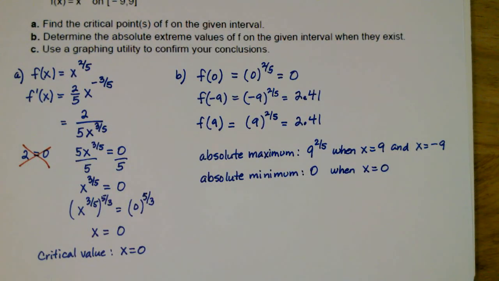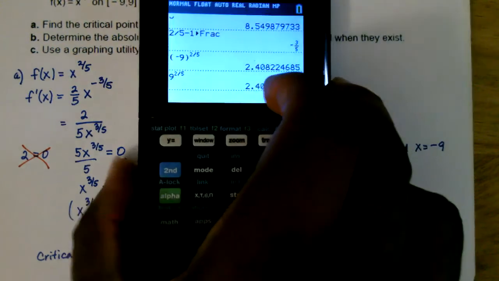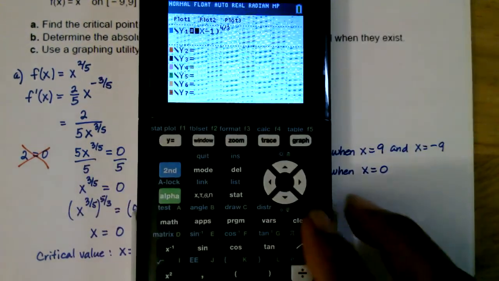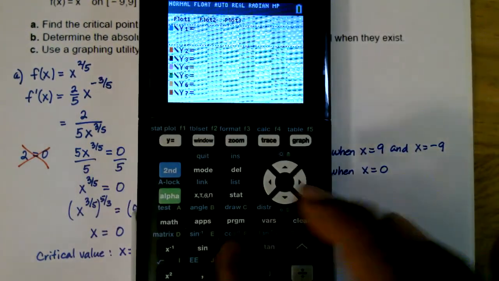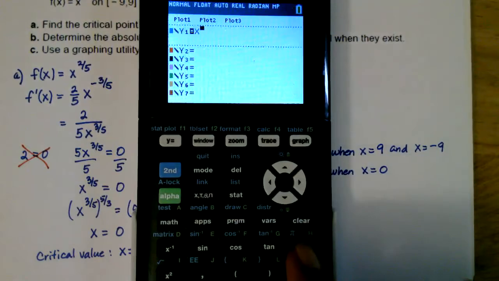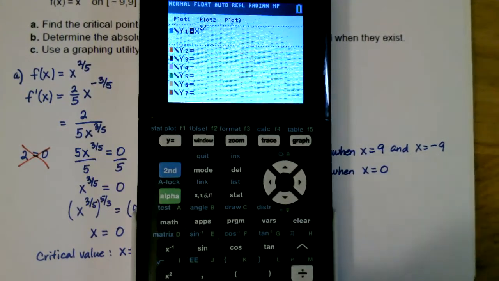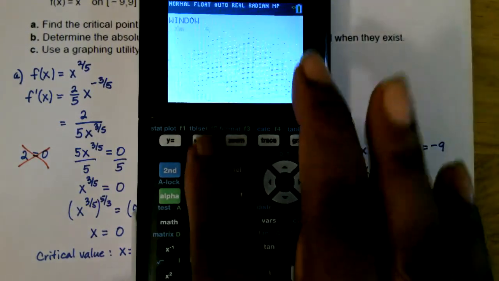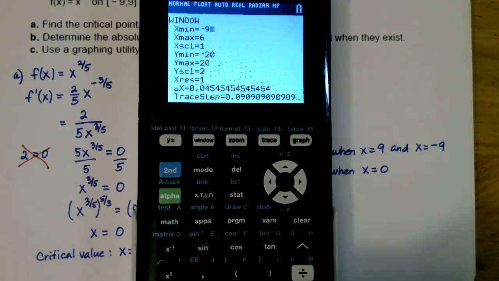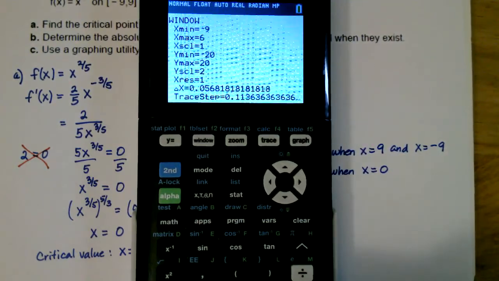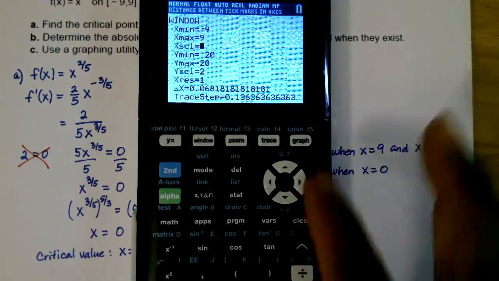All right. Now let's graph this to verify or confirm our conclusions here. Go to y equals, get the x, and then the hat key, 2 divided by 5. Then I'm going to go to my window and say -9 for x min and 9 for x max.